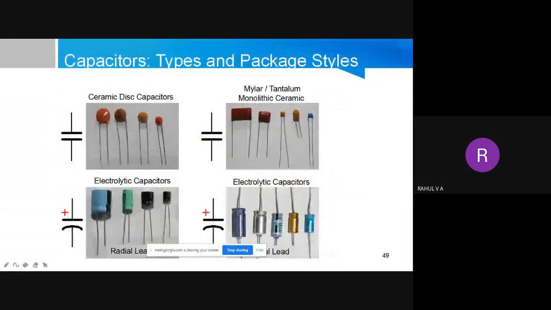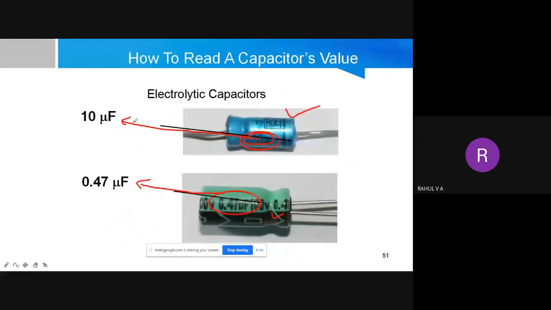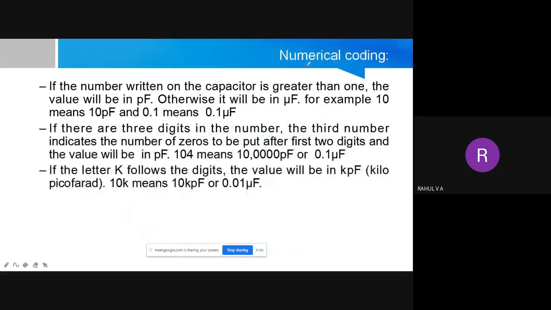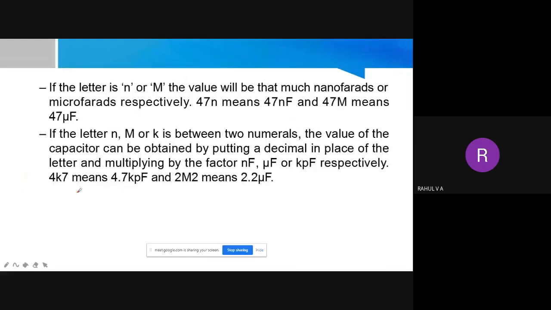If you see this ceramic capacitor, the size is very small, so it is very difficult to print the exact value on the body. So they will be printing the numerical code. There are certain rules to identify the values of this capacitor. Okay, you have to note down these important rules. There are some 5 rules for understanding the value of numerical code.